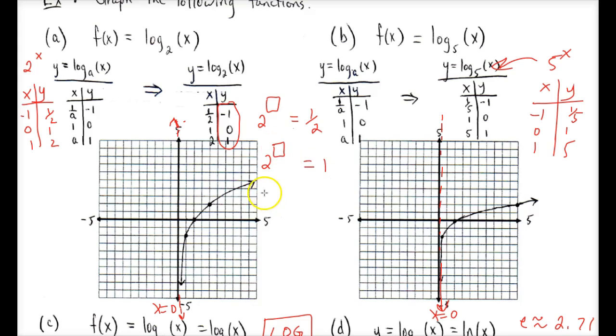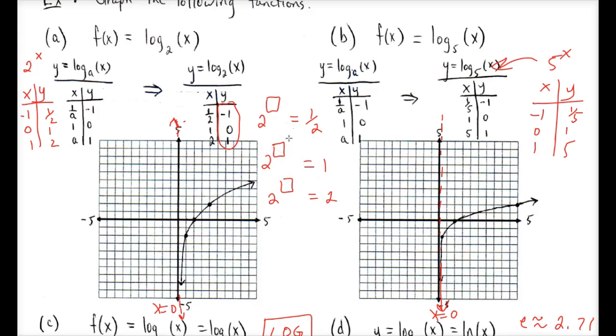That would be 0. And here we know that 2 raised to what will give us 2. In that case, that'll be 1. So in this box we'll see a -1. In this box we'll see a 0. And in this box we'll see a 1.